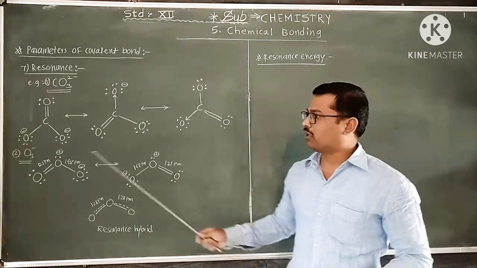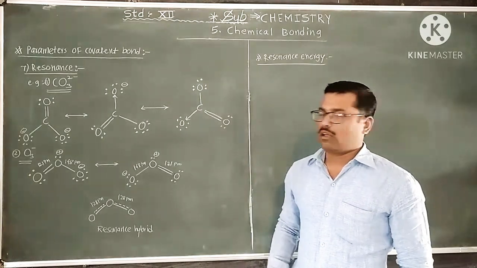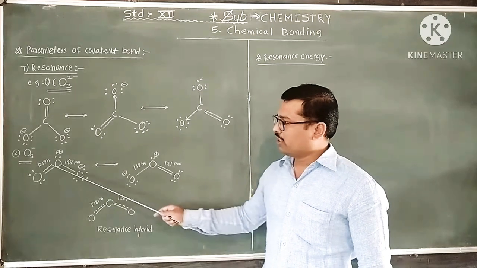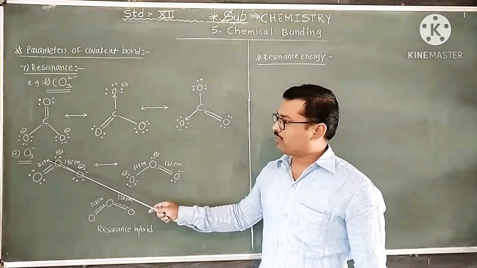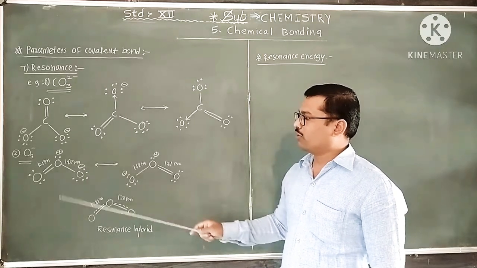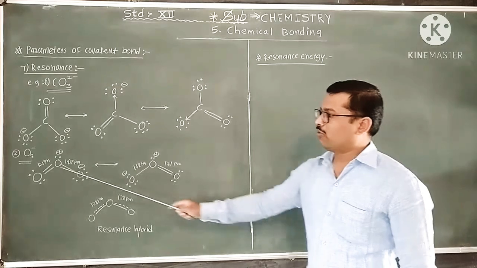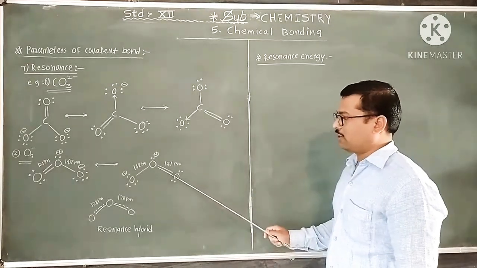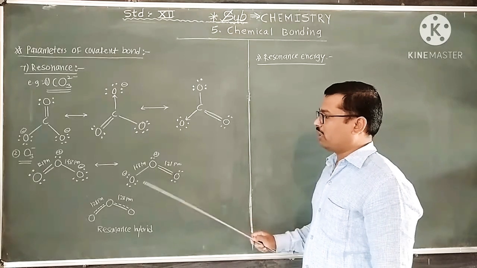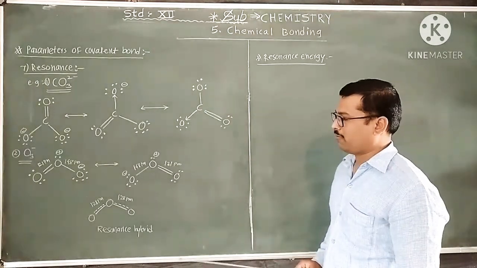Now another example is O3. In O3, with three oxygen atoms, one bond length is about 121 picometer and the single bond length is about 148 picometer. In another resonating structure, the double bond is on the other side, so that bond length is about 148 picometer and the double bond length is about 121 picometer.